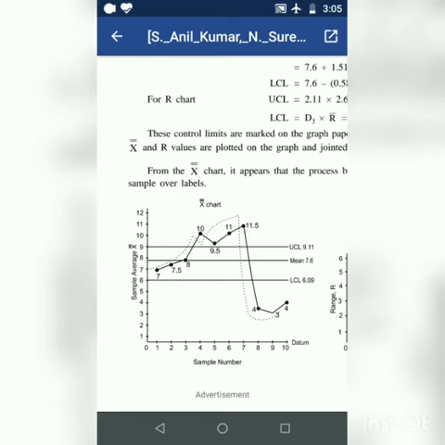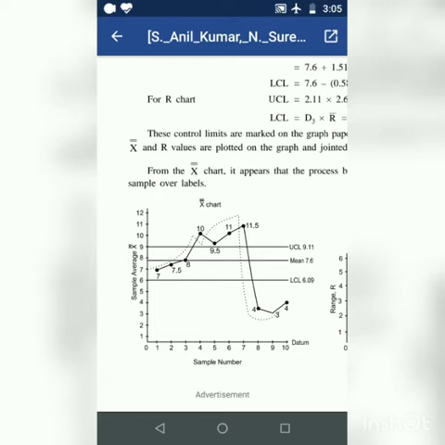parallel to the x-axis. So this represents the upper control limit of the process. Now all 10 samples are plotted on this graph by putting a point for the mean.